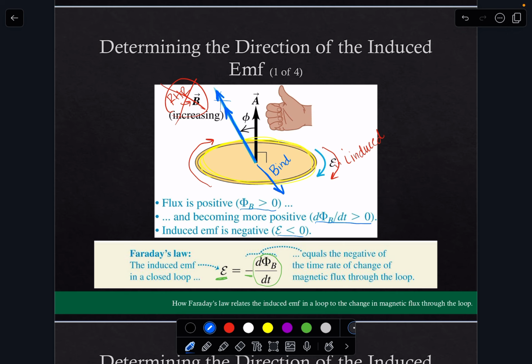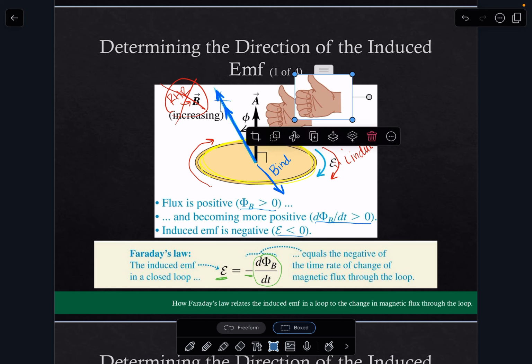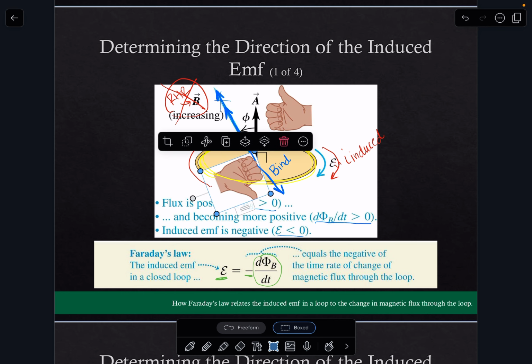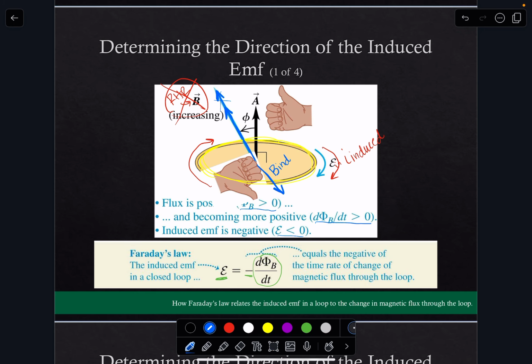So if we put our thumb in the direction of B induced, and then we're going to rotate it, what you're going to see is our fingers are going to curl around the clockwise direction, which is the direction of the induced EMF. Okay, so this is how we're going to think about this.